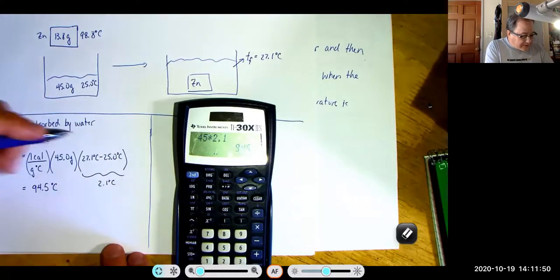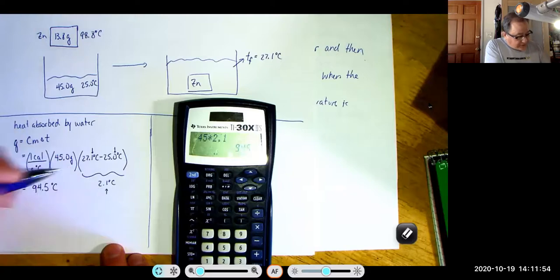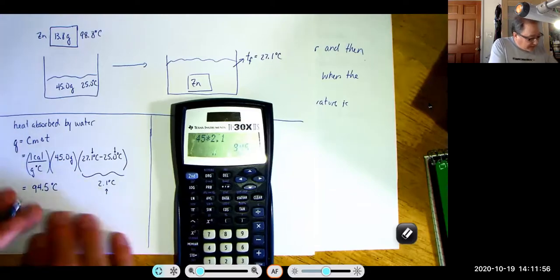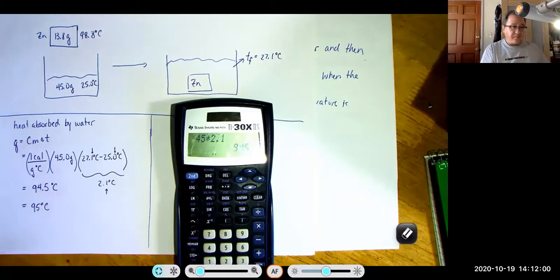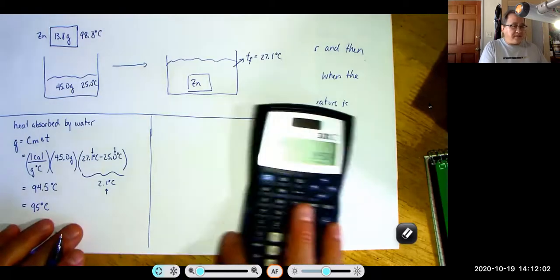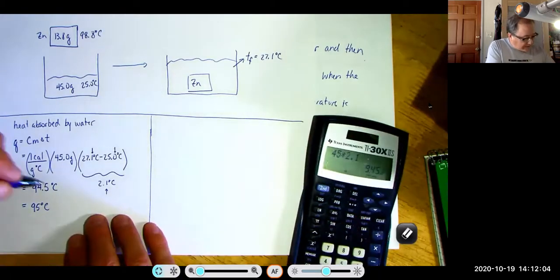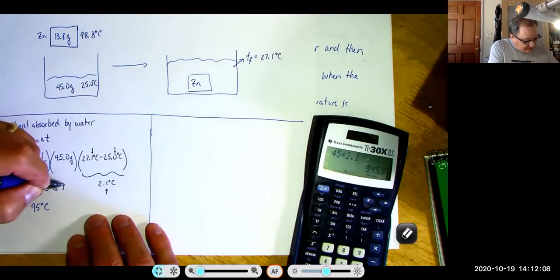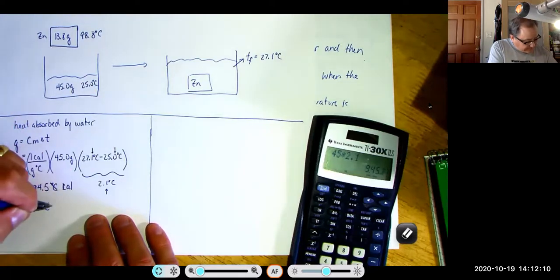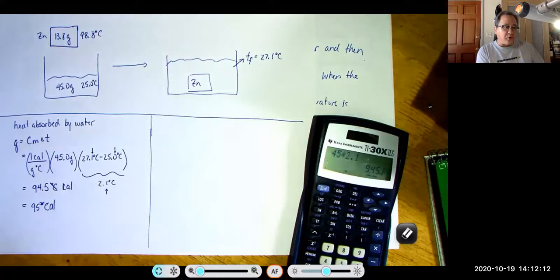It's only good to the 10th because both of these are good to the 10th. So this has 2 sig figs, and this should really be 95. Oh, and it's not Celsius. I didn't cross my units out correctly. It's calories. So the water absorbs 95 calories of heat.